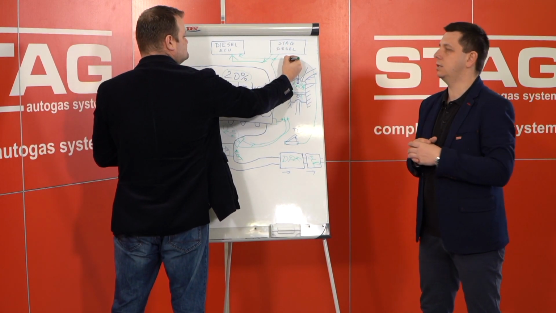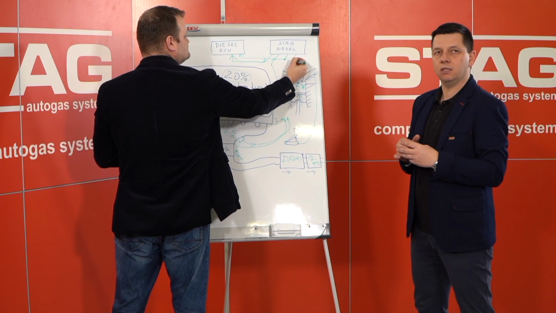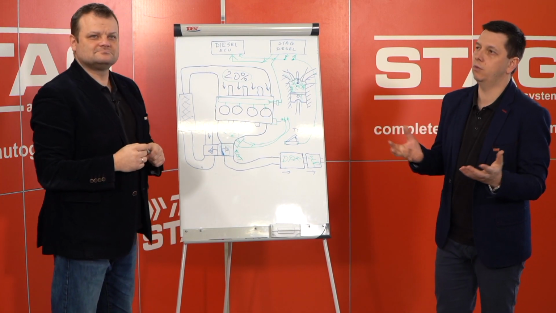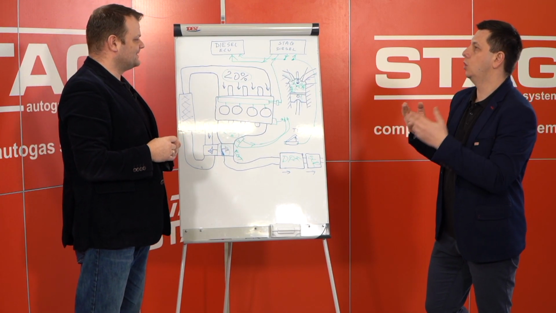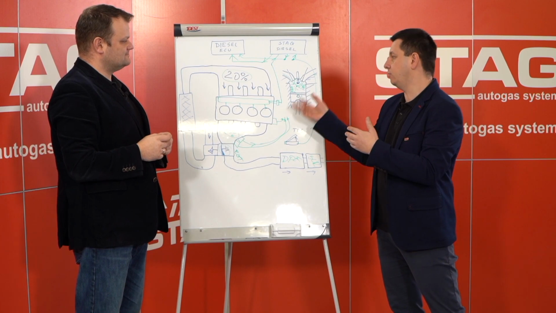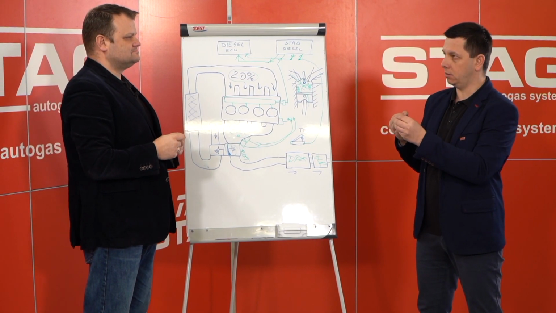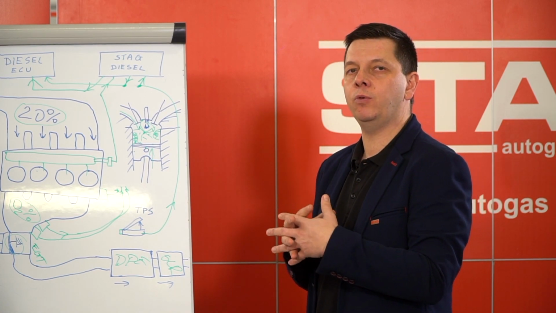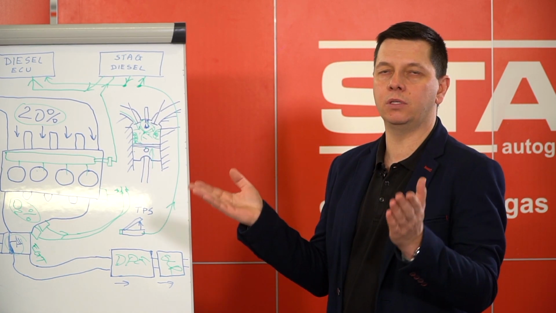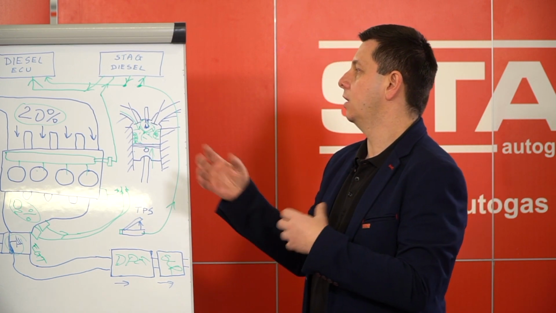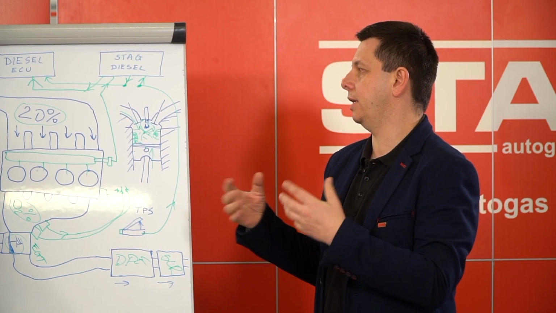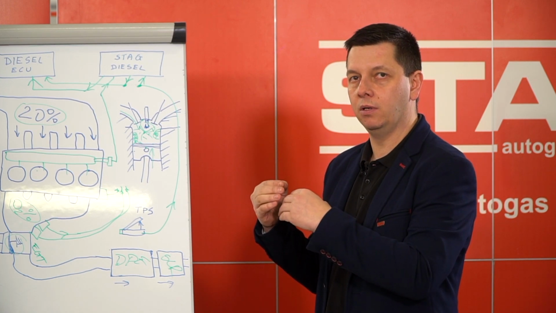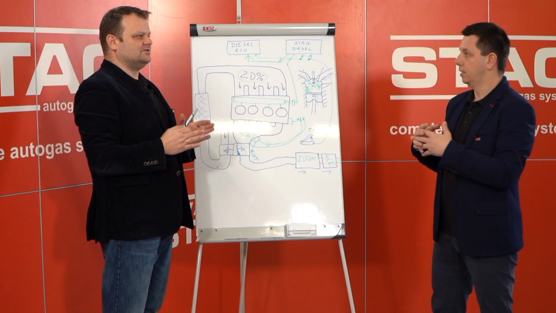It is important to know that our STAG Diesel controller can work with engines with two pressure sensors, or a TPS with two channels. If you have, for example, a V6 or V8 engine that has two fuel pressure sensors, you can emulate both of them using STAG Diesel, in parallel in the system.